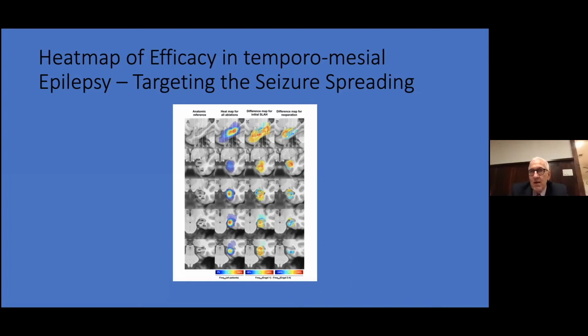And that's what we're doing right now, since we've looked at those early data, that our laser fiber always covers that. And the last 10 cases after we've implemented that have all become seizure-free. And actually the group in Miami has shown this similarly.